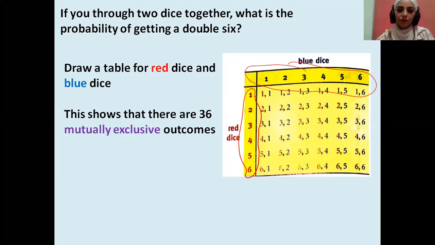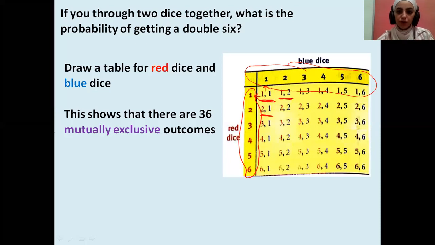So here, if you look at the first outcome, this one with one, it means you might get one from one dice and one from the other dice. If you get one with two, you get one from the red dice, and the other dice you will have the face two. There is also two, one.